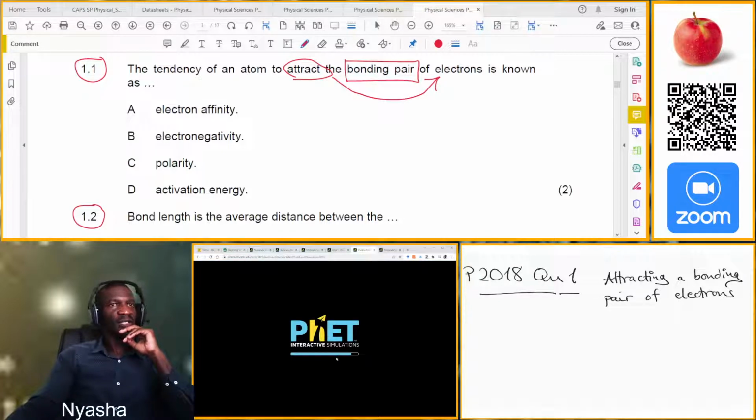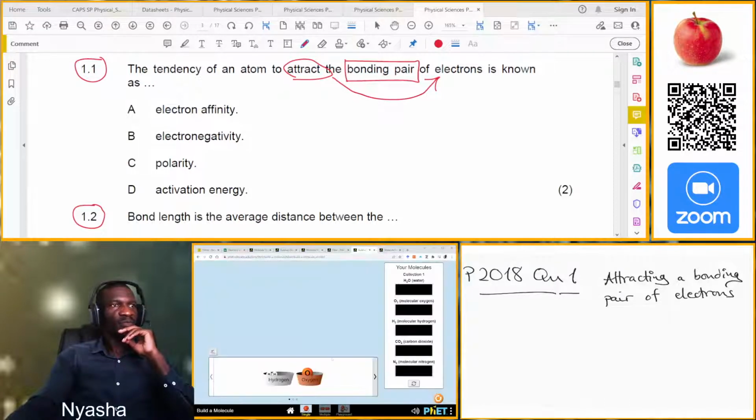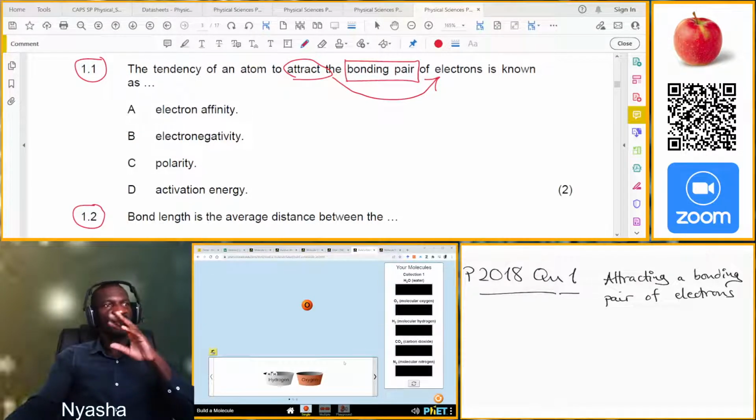So let me just see if that other tool can load, and then we can see if we observe that electronegativity. If we have our electronegativity, we can pick it from the periodic table. Right? So there's a list of elements there with their different electronegativities.